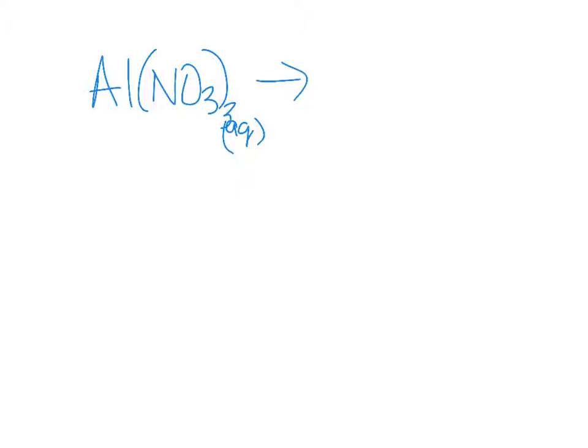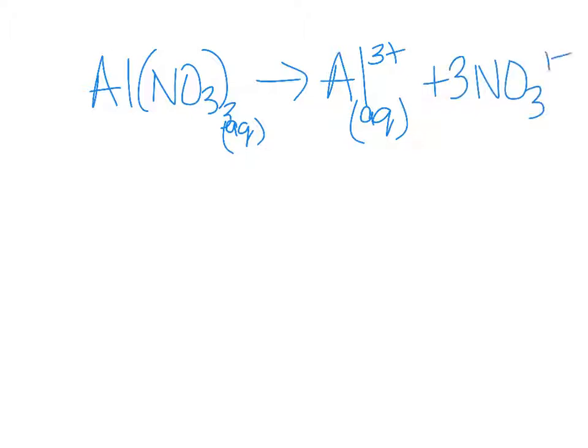This is a dissociation equation when you take your solution, your ionic compound, and on the right-hand side you put its ions. You really have to be careful that you put the charge for the ions on the right-hand side.